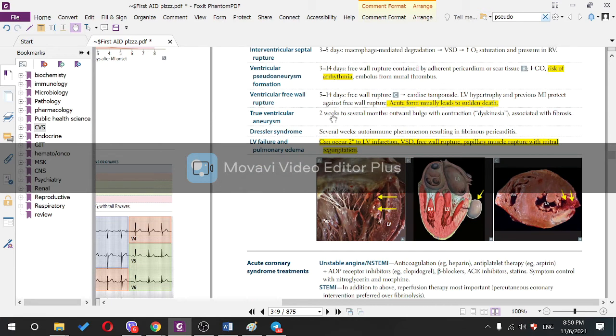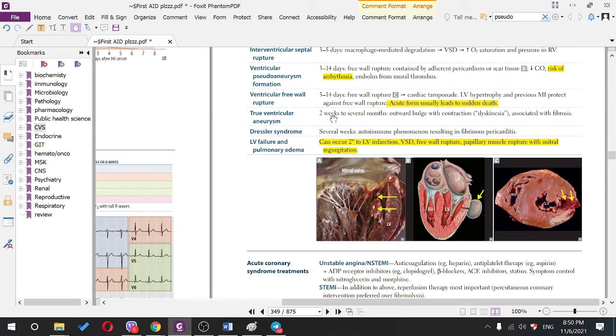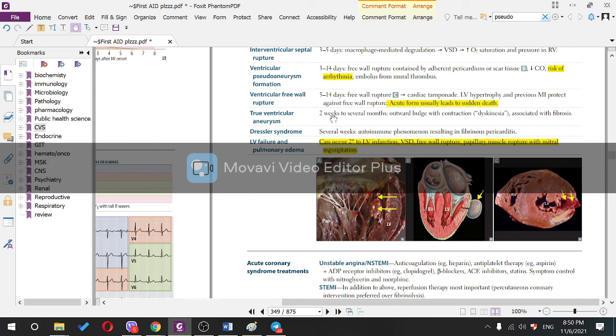Let me make an association for you. If some person has an ST segment elevation myocardial infarction, 3 days later he has a pericardial friction rub, okay? And the question says, the infarction he has, is it subendocardial or transmural?